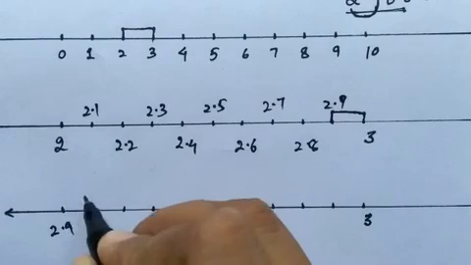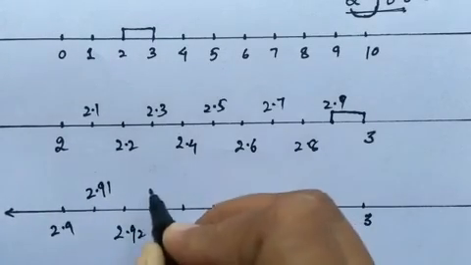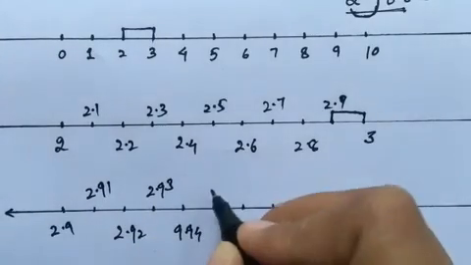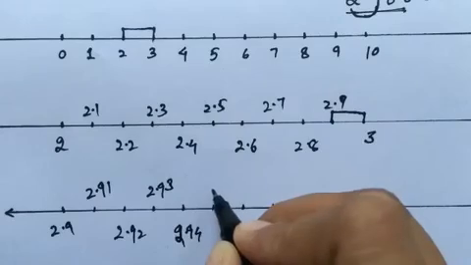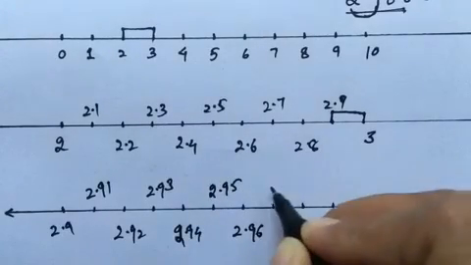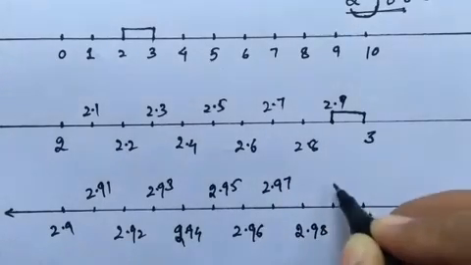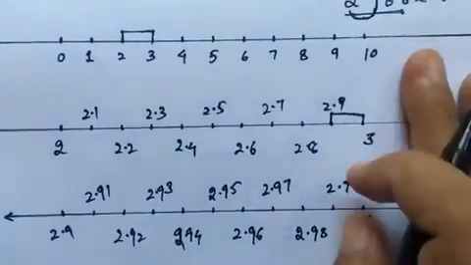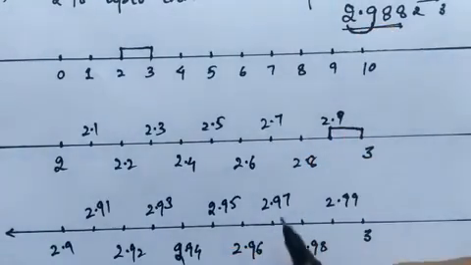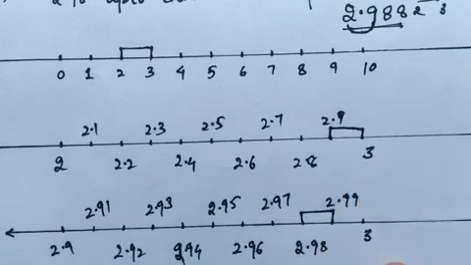So I get 2.9 as it is, then 2.91, 2.92, 2.93 and up to 2.99. So 2.98 is here.